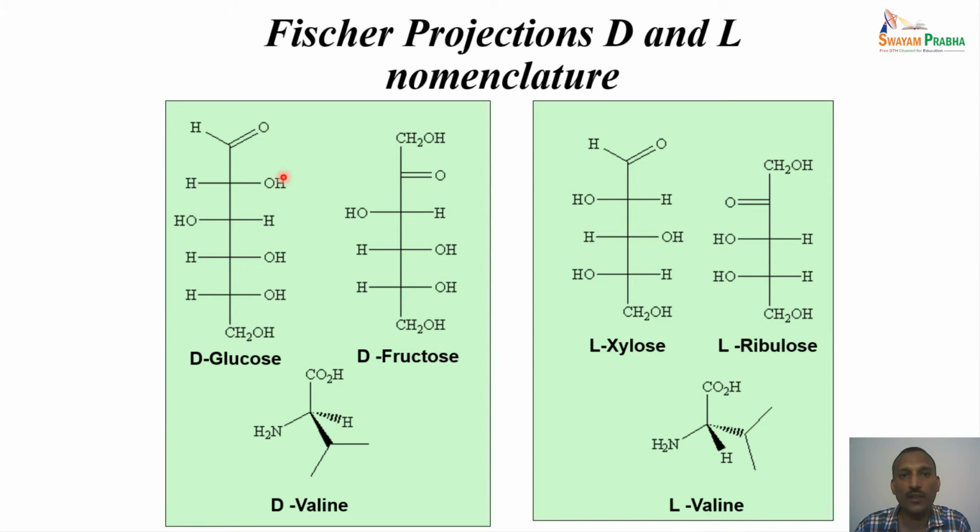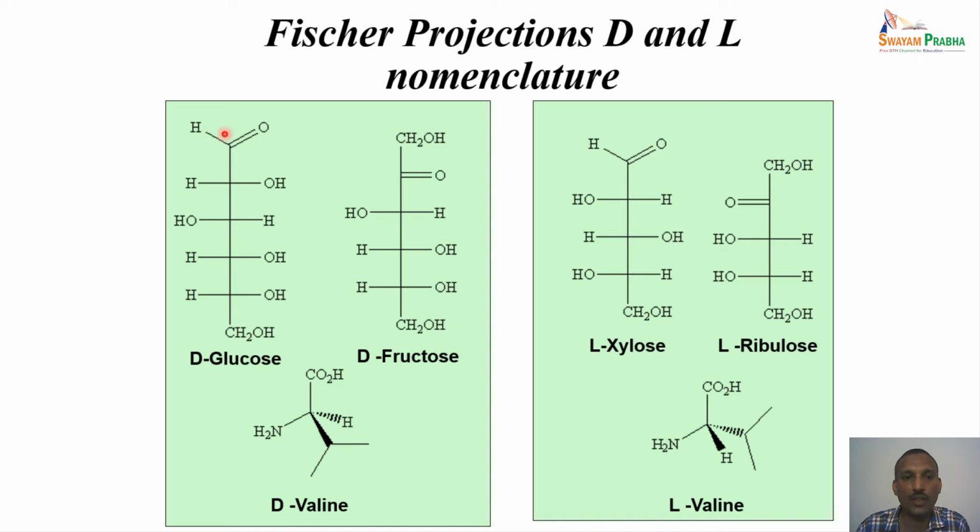Here, as I mentioned, we are looking at a few examples of D and L isomers. Here we have written the D-glucose isomer, and the D-fructose isomer is also written here. In both cases, if you remember, how do we assign the D and L? The most oxidized carbon is kept at the top.